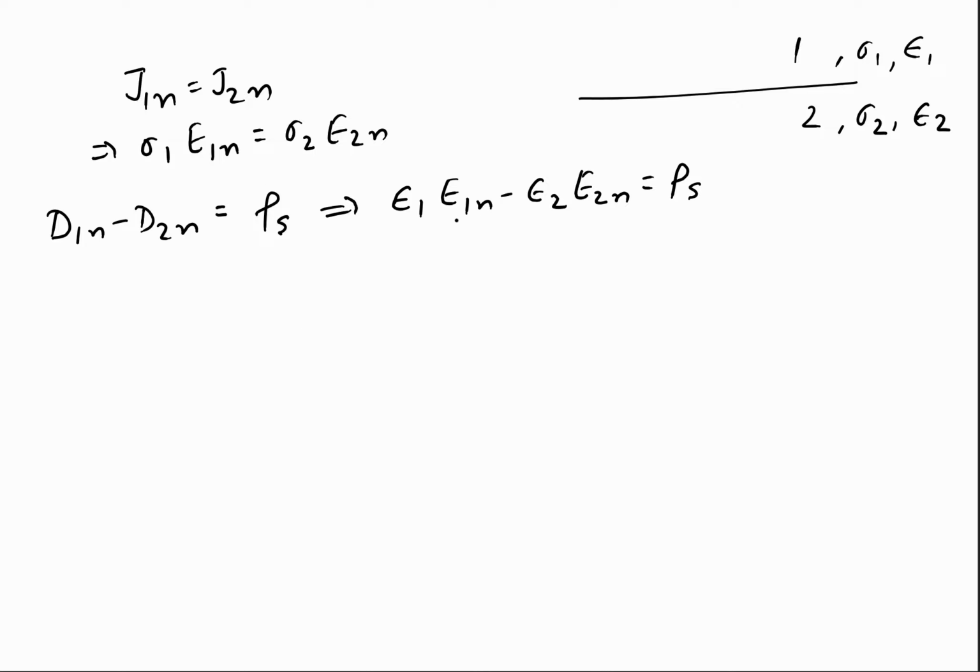Now I can put the value of E1n or E2n. Let us say I can write E2n is equal to sigma 1 by sigma 2 E1n. So I will put this value here.